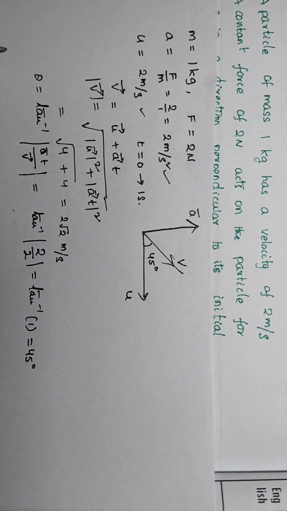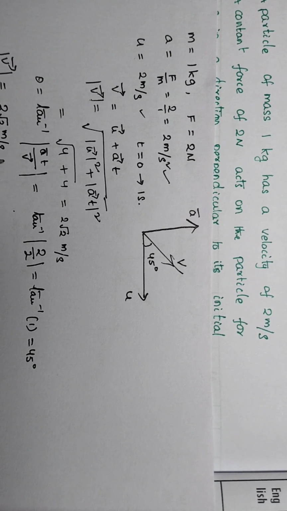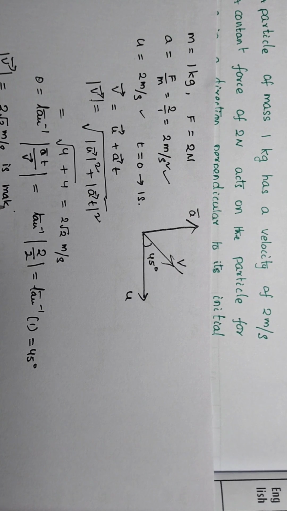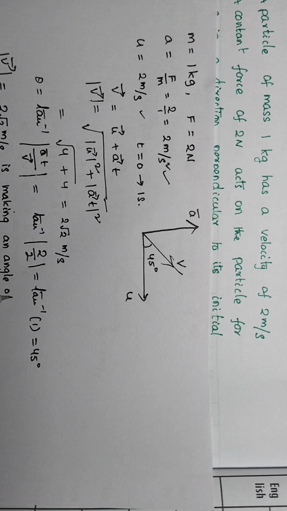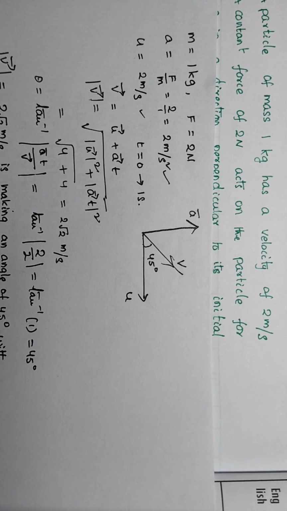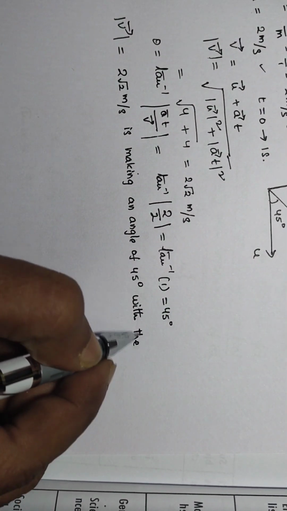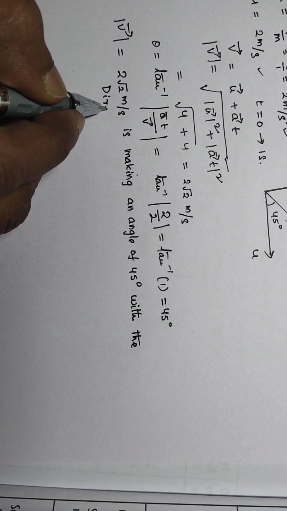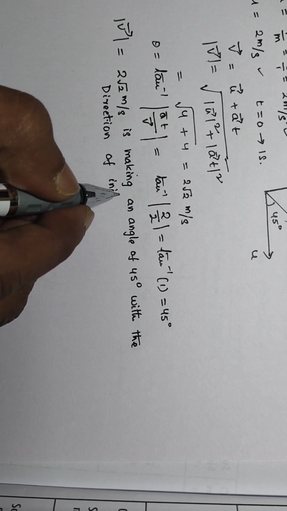So the magnitude of velocity is equal to 2 root 2 meters per second, making an angle of 45 degrees with the direction of initial velocity.